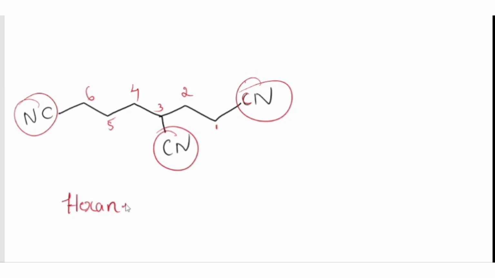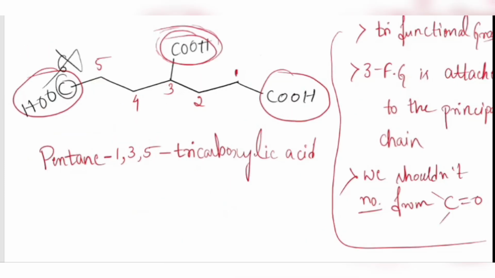Hexane I will write because the primary suffix is ane over here. That's why ane is there. Again hyphen, and what are the locants where the CN group is attached? That is 1, 3, and 6. 1, 3, 6 tricarbonitrile. This is the IUPAC nomenclature.